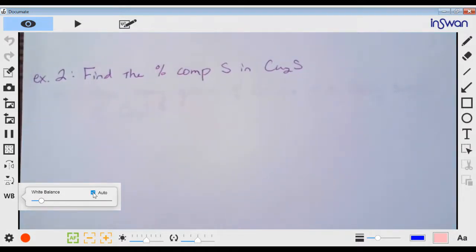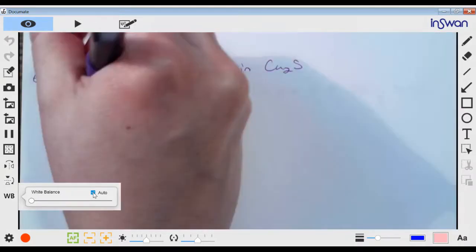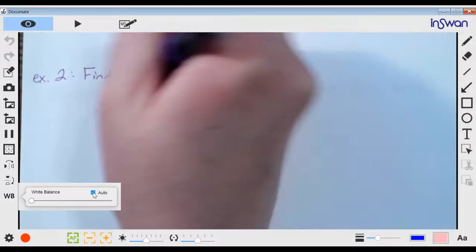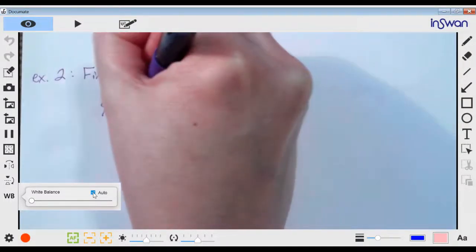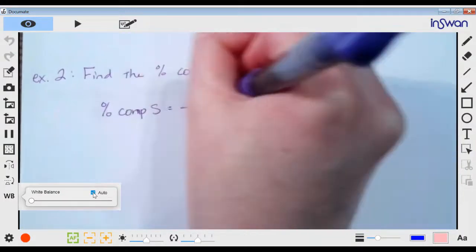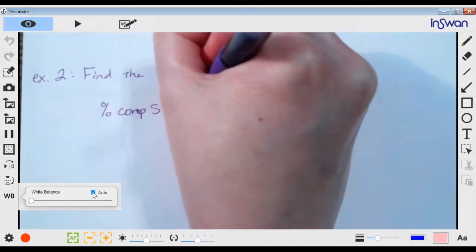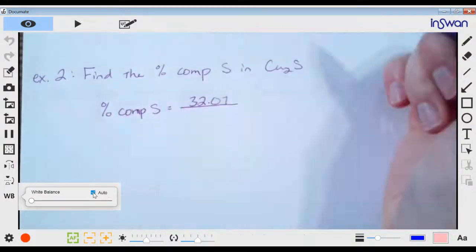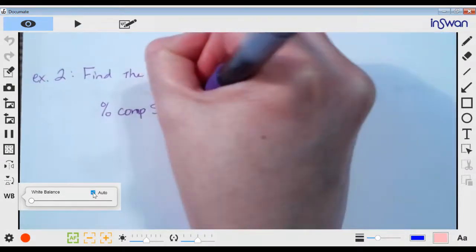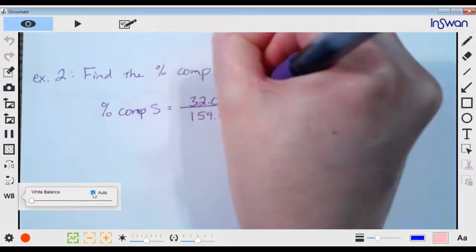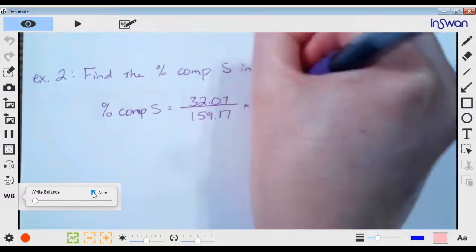Well, I already have the molar mass from before, so now I just need to take the mass of my sulfur and divide that by the molar mass. So this time it's going to be the 32.07, and we're still going to use the same molar mass as before, so 159.17, and then multiply that by 100.